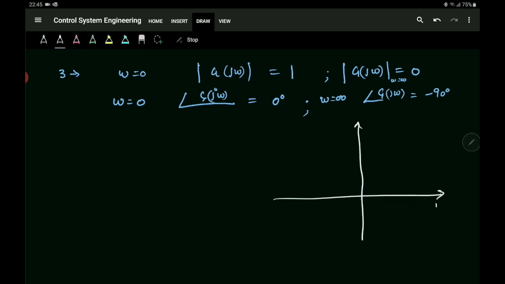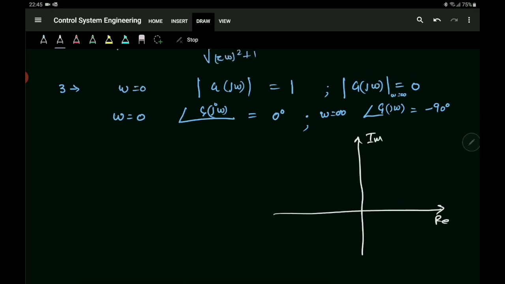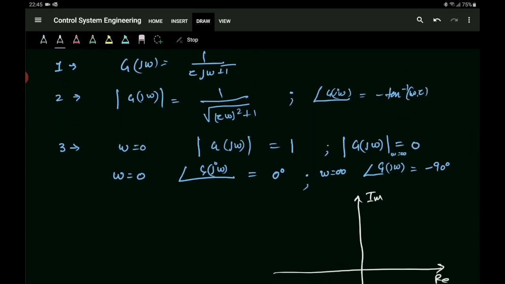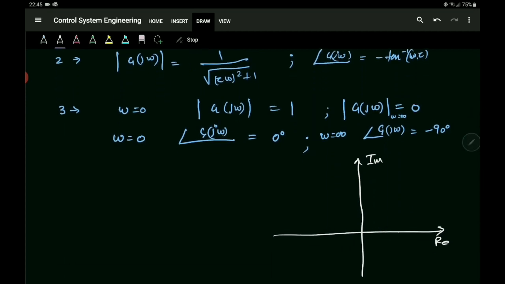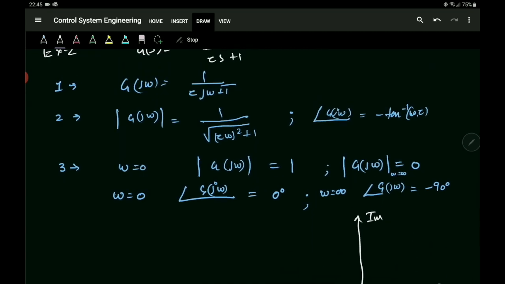This is the real part, this is the imaginary part. At omega equals 0, the magnitude is equal to 1, so we mark the 1 position, let's say this is plus 1. At omega equals infinity, we have 0 magnitude.